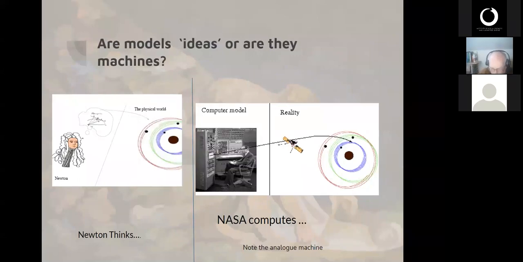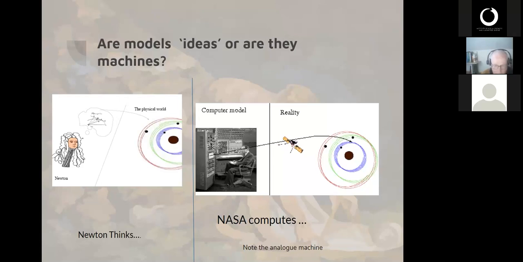Now, but were these really just ideas, or are the models always machines? If you transpose to the 1960s, or 1970s, and instead of talking about Newton, you talk about the first satellite probes that are launched, then you had computer models of the planetary dynamics, which were used to time the motor firings and send the probes to the right positions.